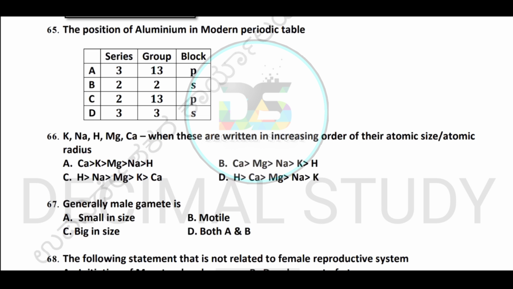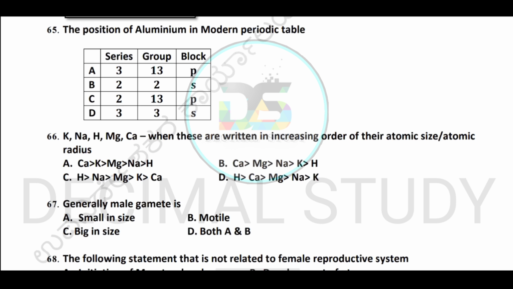Question number 66. K, Na, H, Mg, Ca. When these are written in increasing order of their atomic size, atomic radius, options are: option A, Ca is greater than K, K is greater than Mg, Mg is greater than Na, Na is greater than H. Option B, Ca is greater than Mg, Mg is greater than Na, Na is greater than K, K is greater than H. Option C, H is greater than Na, Na is greater than Mg, Mg is greater than K, K is greater than Ca.